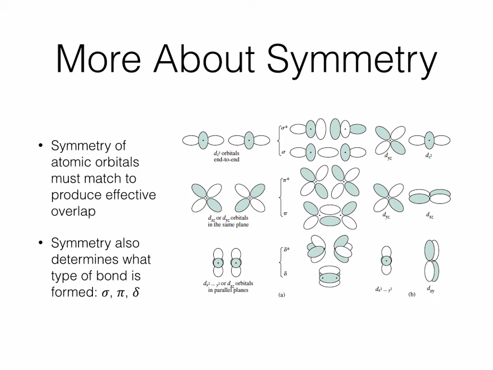So you think about C2, for example. If you do a C2 rotation along the bond axis, the dyz orbital would turn into negative itself, while dz squared would be still itself. Now, going back to the interaction.